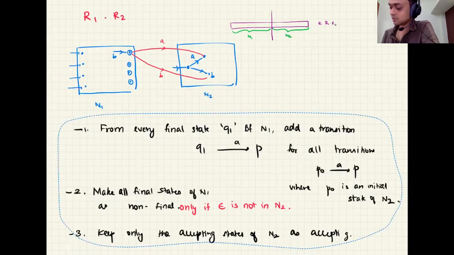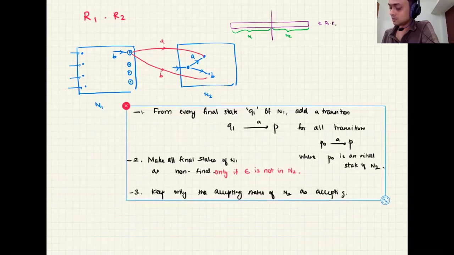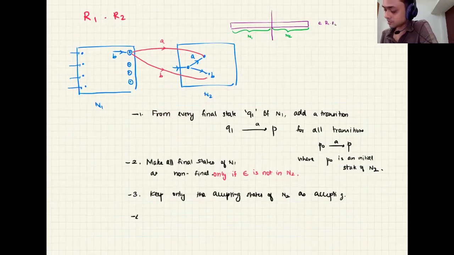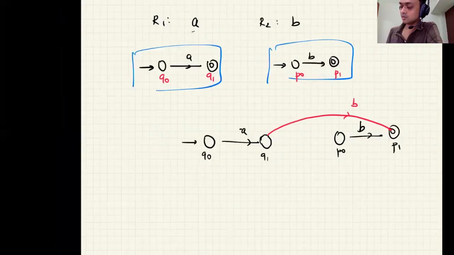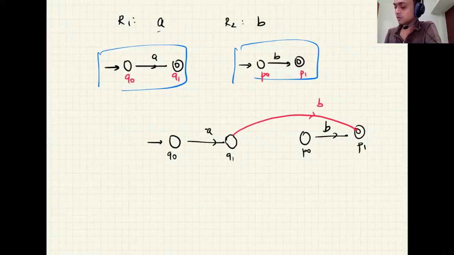Okay, let's see. And then make all initial states of N2 non-initial if epsilon is not present in N1. Okay, so that's what we did here. If epsilon is not present in N1, we just removed this thing as being an initial state.